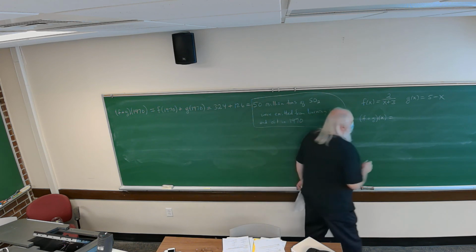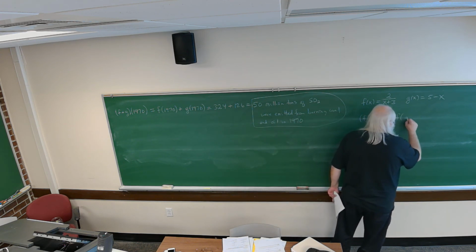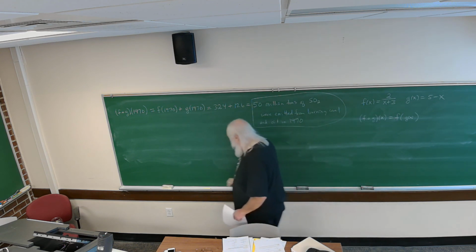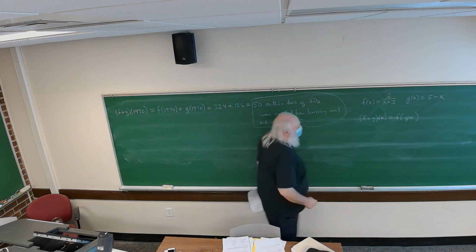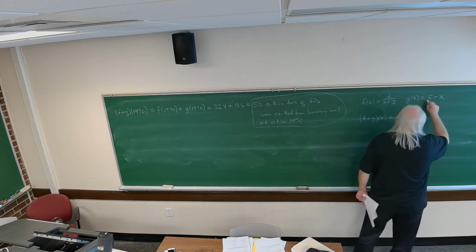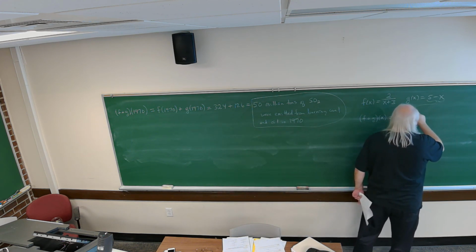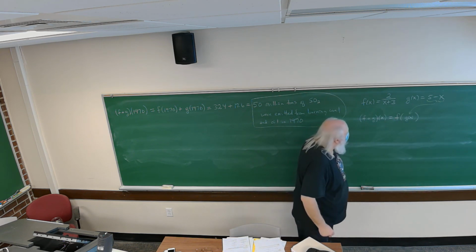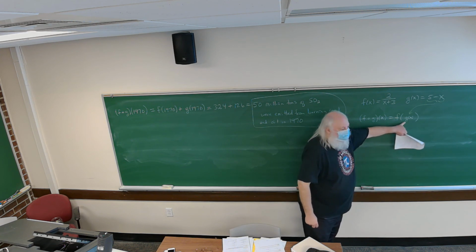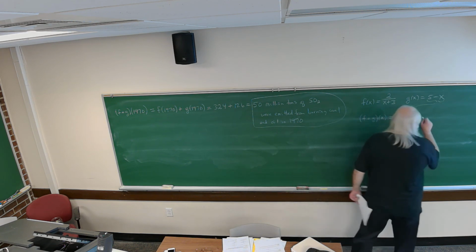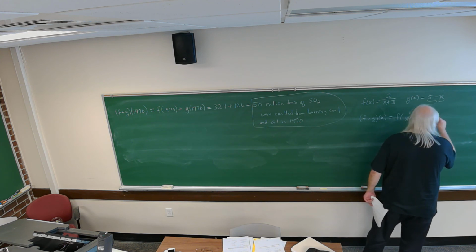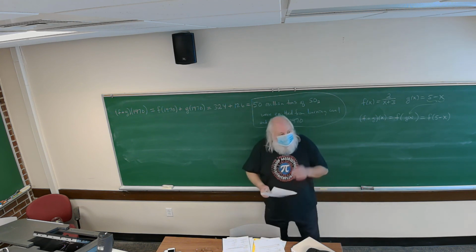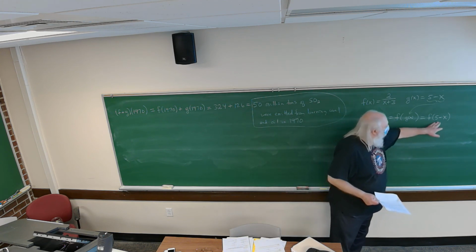Well, by definition, that is equal to f of g of x. So step number 1 is to replace g of x with what it's equal to. That's called, g of x is called the inner function because it's inside f of x. So step number 1, replace g of x with what it's equal to. Well, it's equal to 5 minus x. So now you got to evaluate f of 5 minus x.